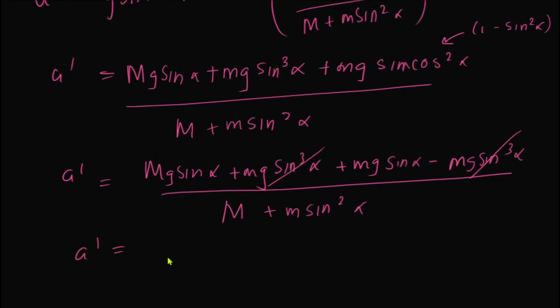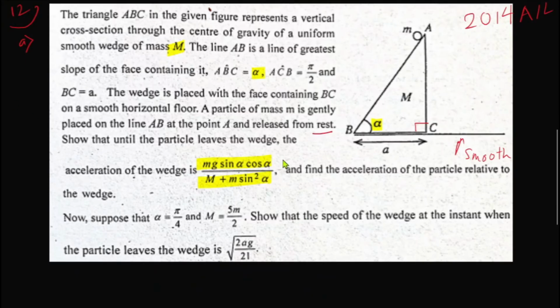So A dash is equal to capital M plus simple m g sin alpha over capital M plus m sin squared alpha, right? So this is the acceleration of the particle. All right, okay, cool, fine.